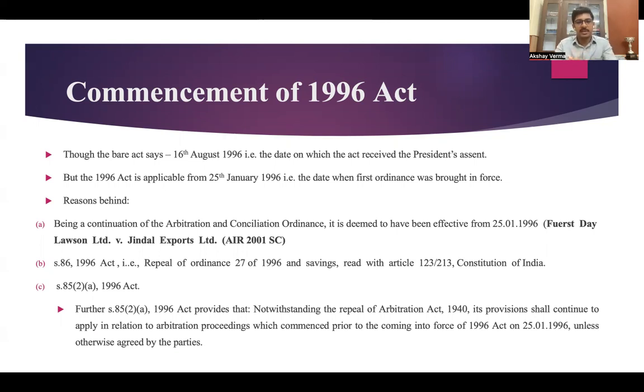Now technically, if you see, commencement date है 16th of August 1996. तो इसका मतलब है 16th August 1996 से पहले जितने भी केस हैं 1940 एक्ट के तहत होने चाहिए थे. But 85(2)(a) बोलता है that the provisions of 1940 Act shall continue till 25th January 1996, which again gives a clarity that 25th January के बाद से आपको 1996 एक्ट ही लगाना है.